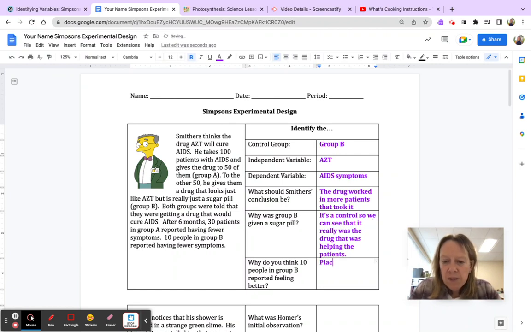So we can write placebo is a name for a sugar pill. Psychological. And don't discount the psychological, that your brain can sometimes help you get better. It really happens. It's a real thing. Or let's say psychology of thinking they were getting the medicine.